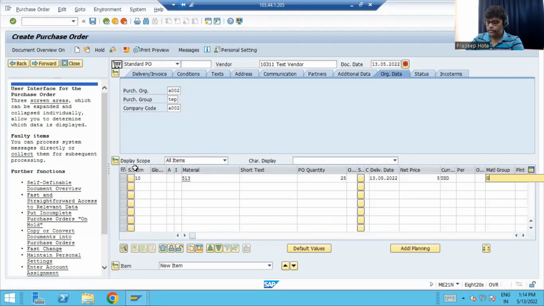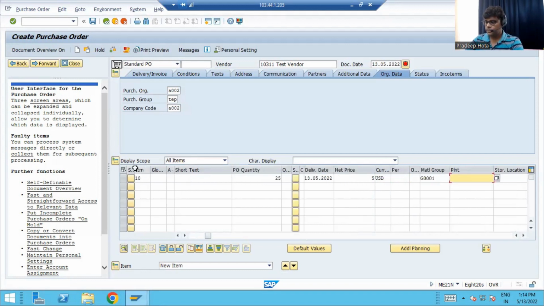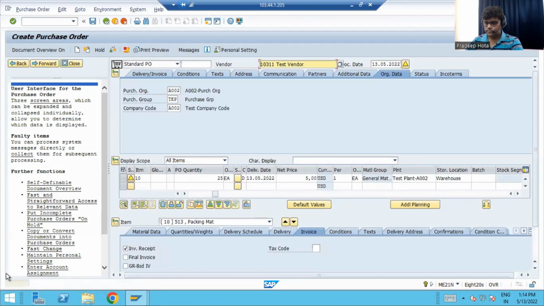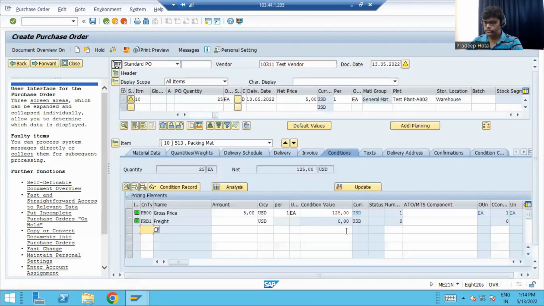Currency, material group. So 125 will be my expected invoice price, but the user is going to post it wrongly.